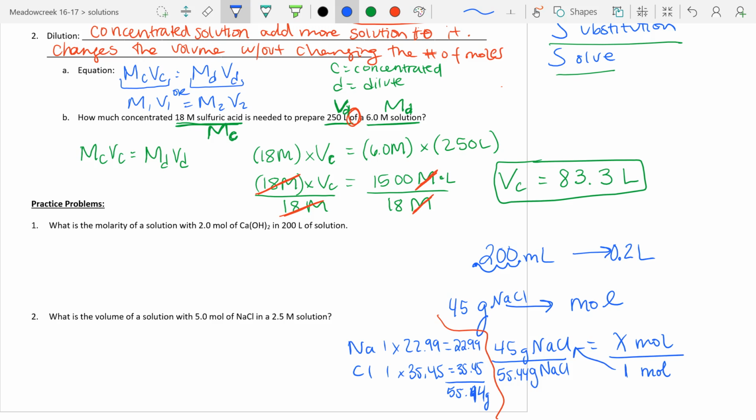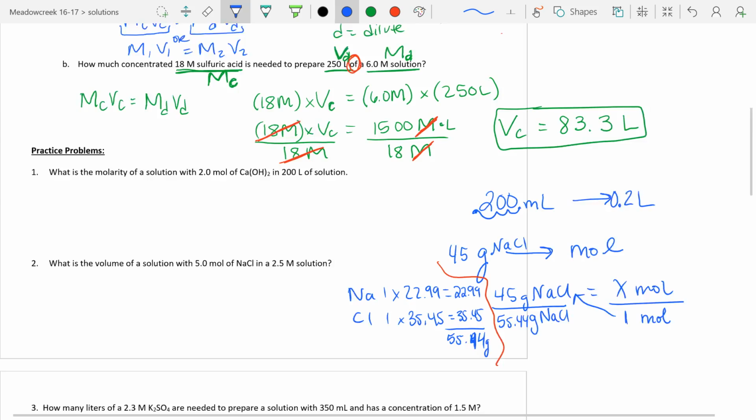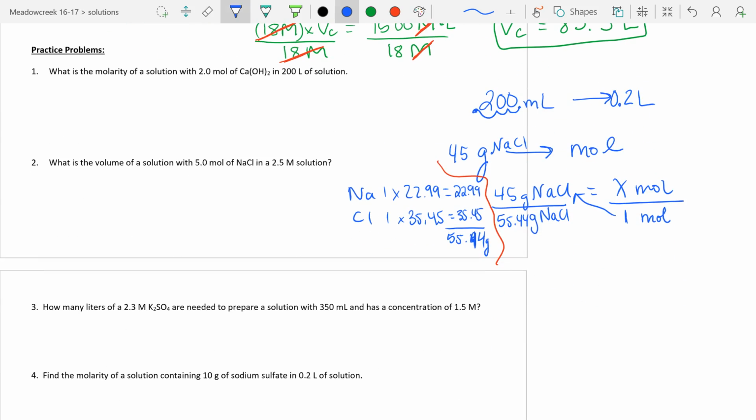So when we cross multiply, we're going to have 1 times 45 is 45 grams NaCl times mole divided by 58.44 grams NaCl is equal to X mole. Now normally we would have cross multiplied this way as well. However, we do not have to do that because we know that our X is already by itself, so we can leave it alone.